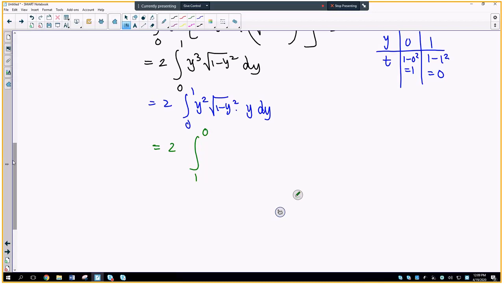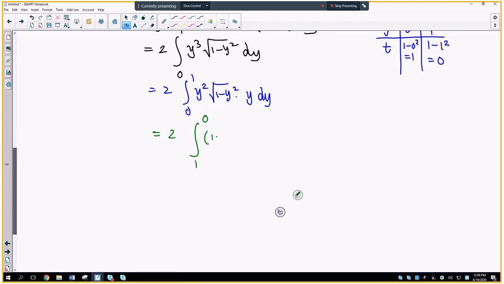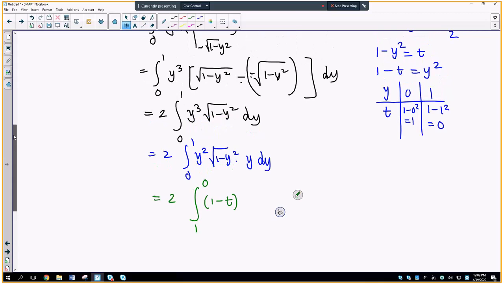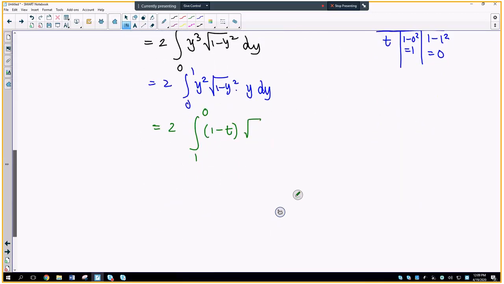y squared, if you remember, I found y squared as 1 minus t. So I'm going to put that in, 1 minus t. And then square root of 1 minus y squared, that was the substitution t, so it will be square root of t. y dy was negative dt over 2. So what I do, I bring this negative 1/2 constant outside.